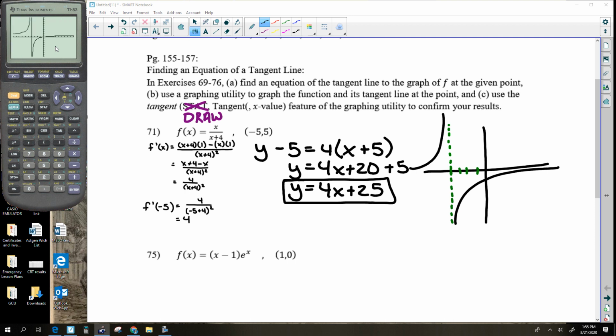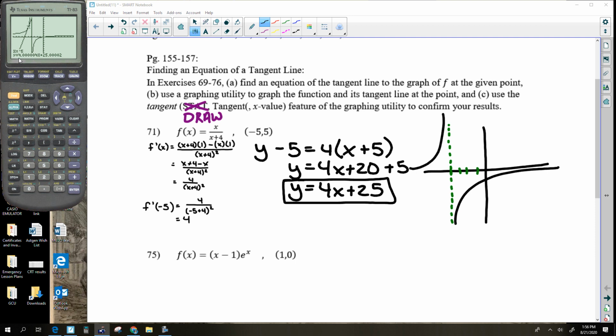I hit enter. Now I'm going to physically type in what x value I want my tangent at. I want my x value to be -5. So -5, and then boom, there's the tangent line. It also spits out the equation of that tangent line down here.